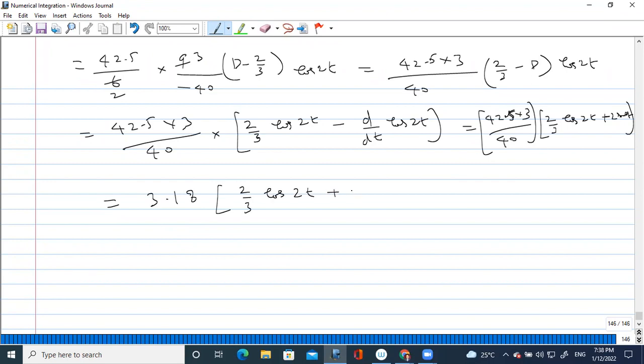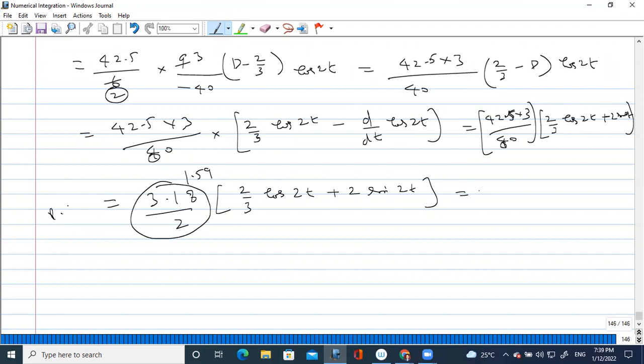Sir, we have an extra 2 in the denominator, sir. Oh, sorry. Yes, so it is divided by 2. So then it will be 80, so 2 sine 2t. So the answer will be, again further I have to divide by 2. So answer will be 1.59. So in place of this you write 1.59.